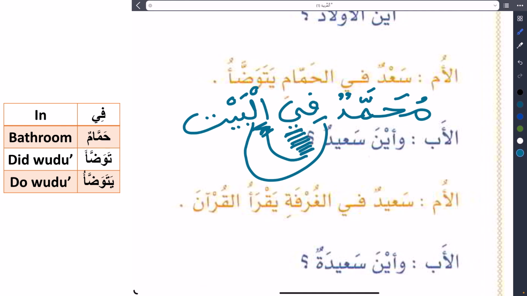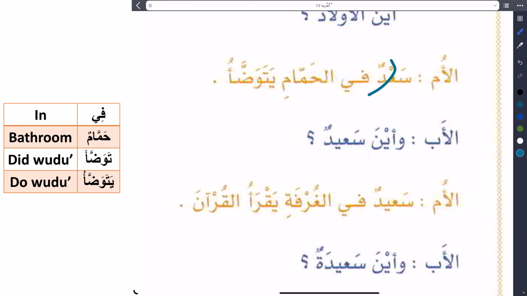Muhammadun fil bayt means Muhammad is in the house. Let's say Muhammad is in Egypt. Muhammadun fi Misr. Muhammad is in Egypt.